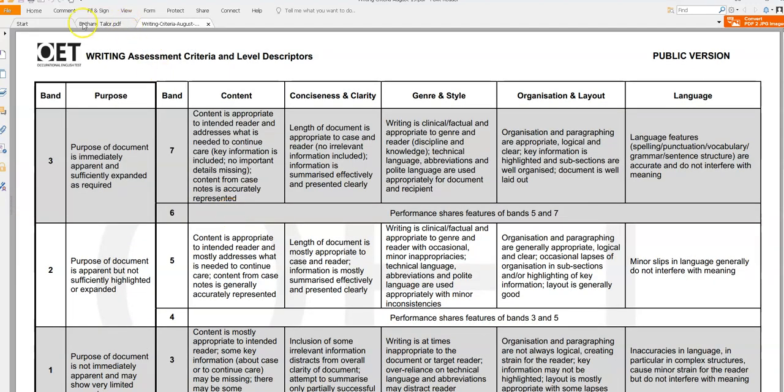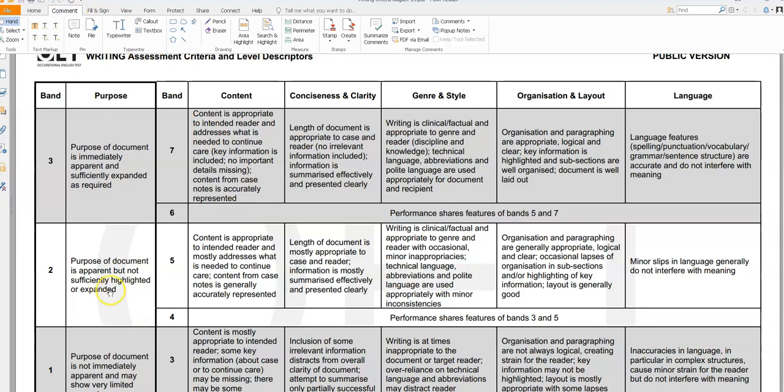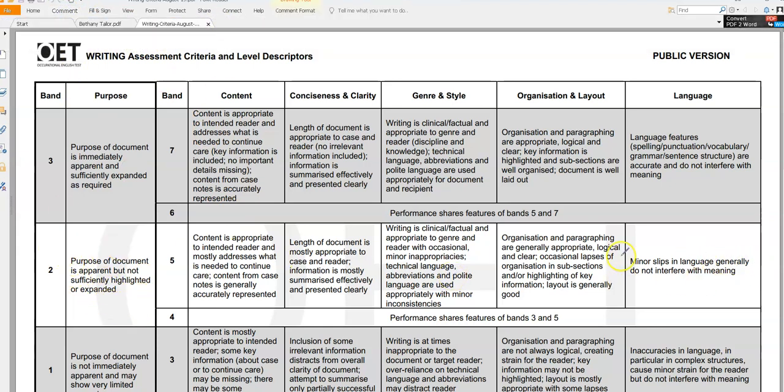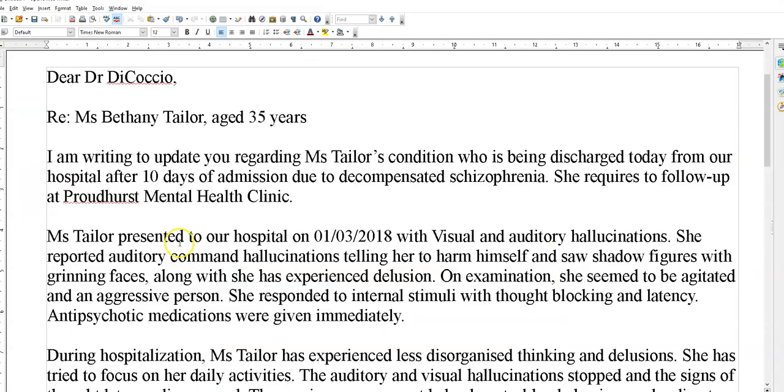Okay, here's the criteria. So we need, for 350 plus, where's my pen? 255555. Okay, so this is going to be B. So we need to be round about here for B or above. Okie doke. So let's have a look. I'm writing to update you regarding Ms. Taylor.